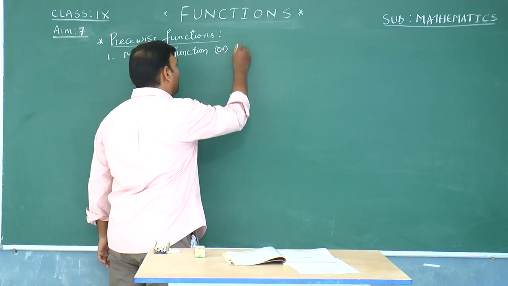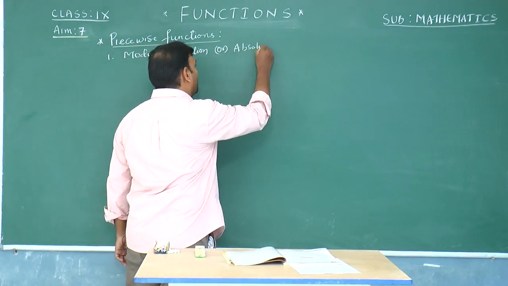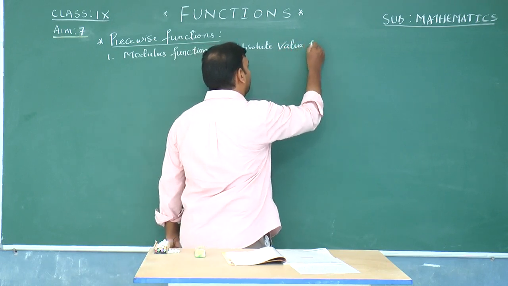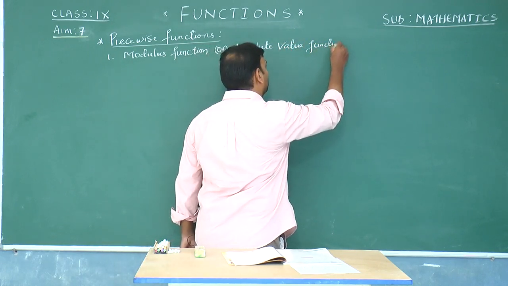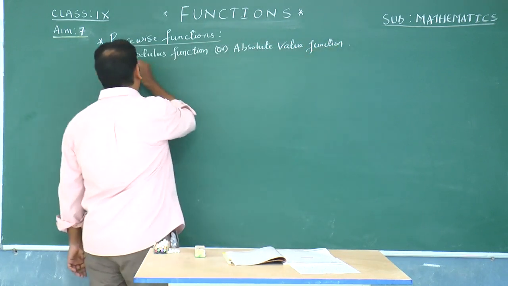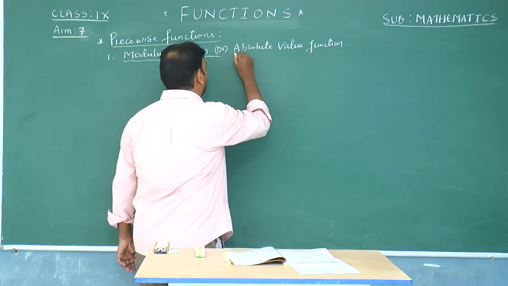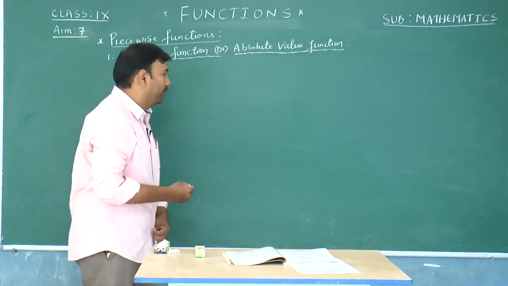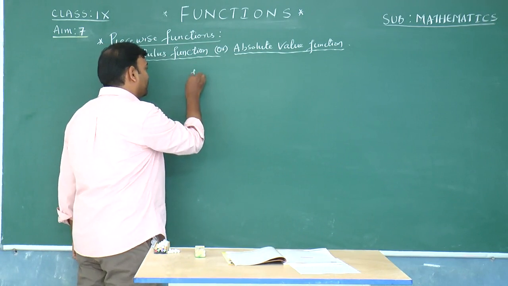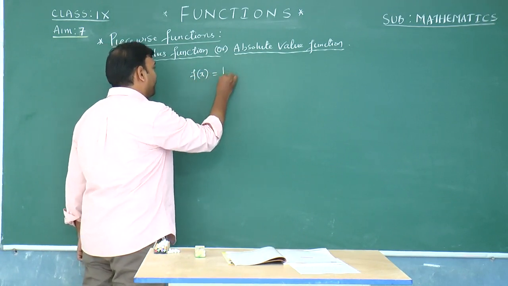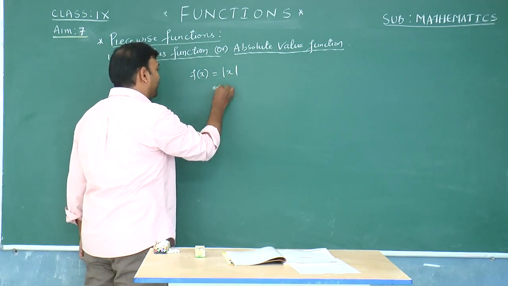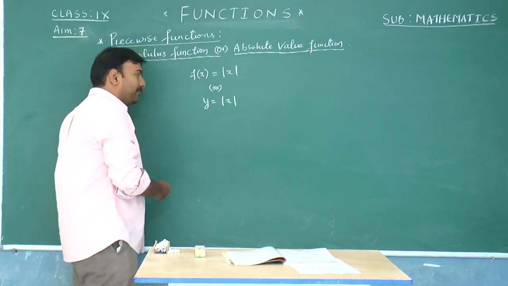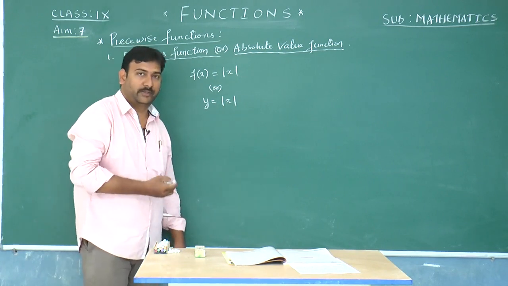A function of the form f of x is equal to mod x, or a function of the form y is equal to mod x, is called an absolute value function or modulus function.